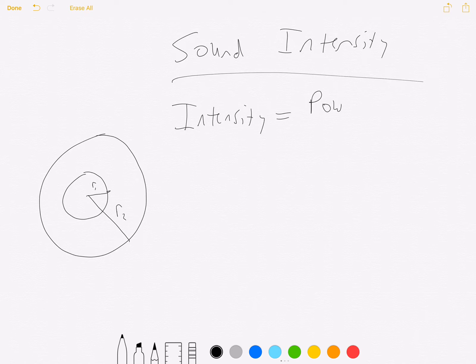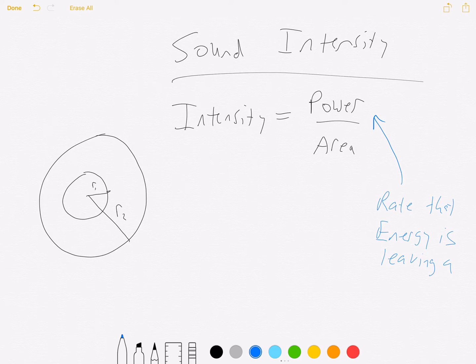This is power over area. Power is the rate that energy is leaving a source.